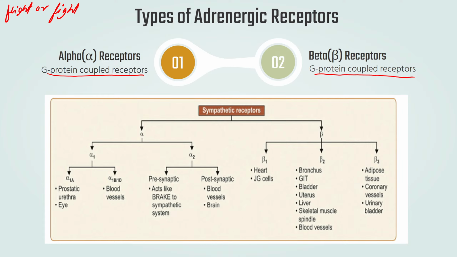Always remember the receptors in this way: write alpha 1 and beta 1 in one section, make a box around them. Write both of them together, alpha 1 and beta 1, and then alpha 2 and beta 2.